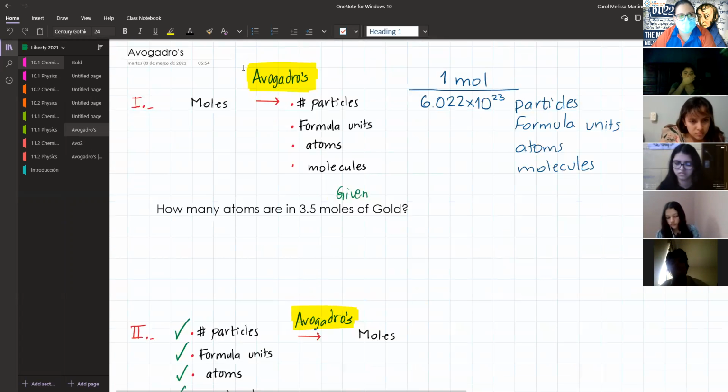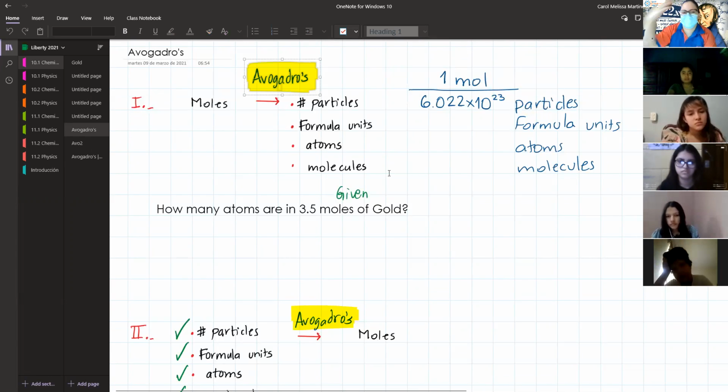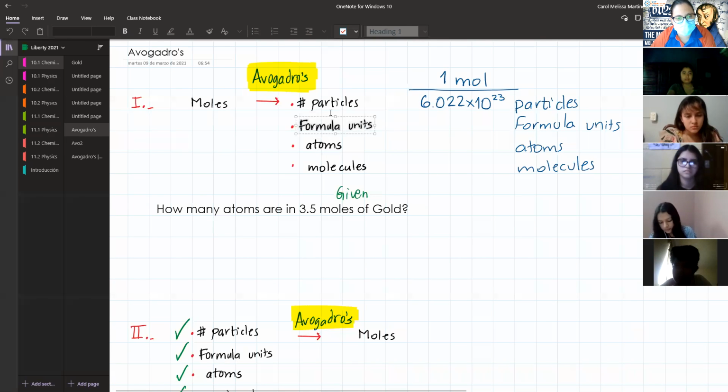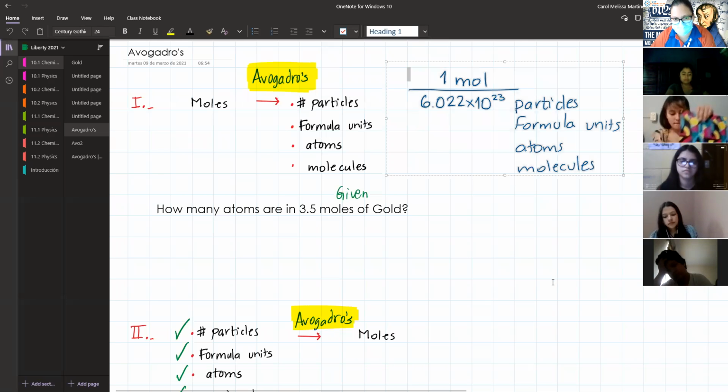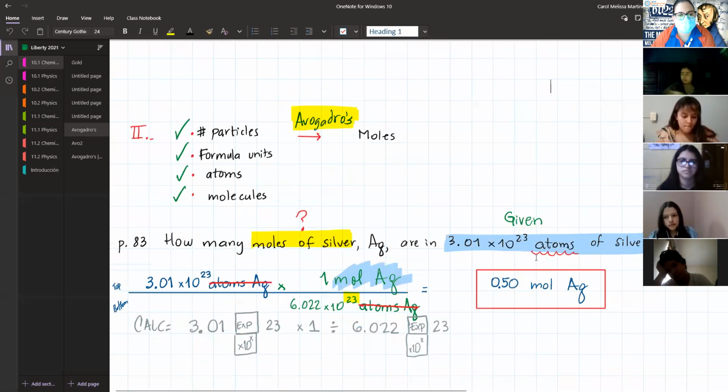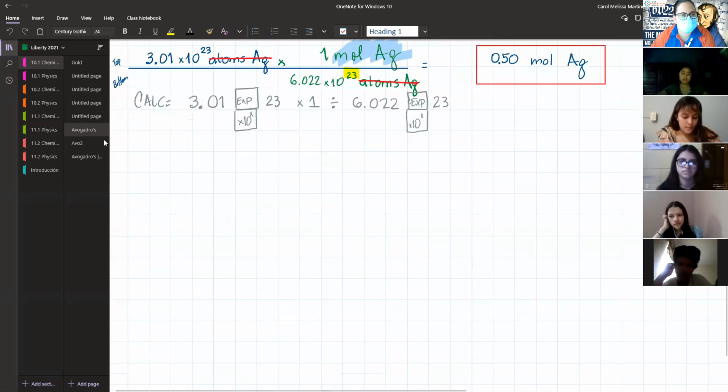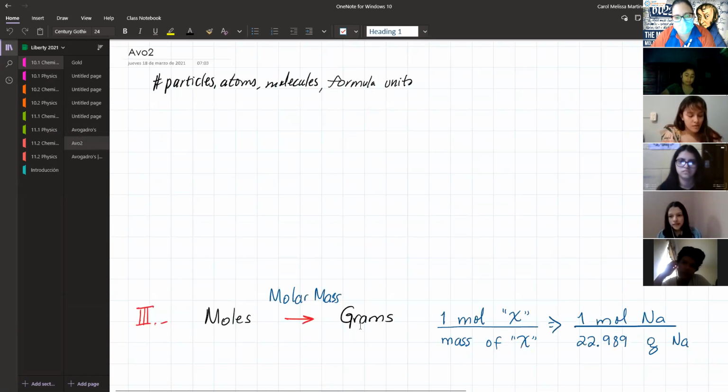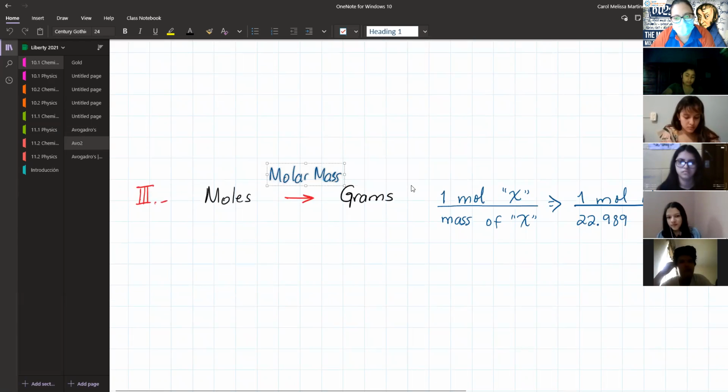If you're gonna be using Avogadro's, in the question you have these keywords: molecules, atoms, formula units, or particles. Every time you see those words, remember you're gonna be using Avogadro's, and this is the conversion factor for it. But anytime you see words like grams or mass, you're going to be using molar mass.